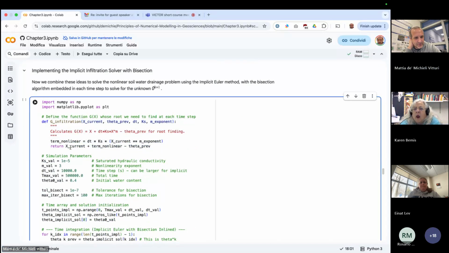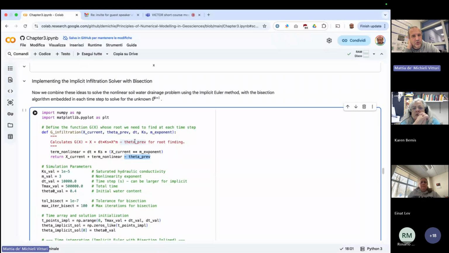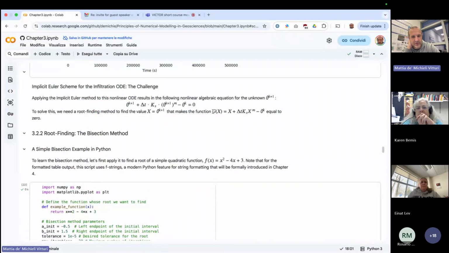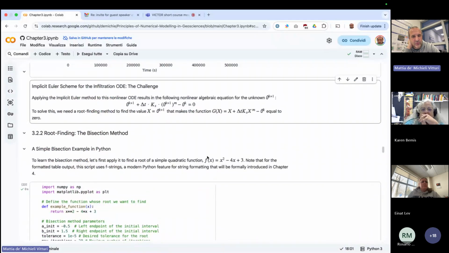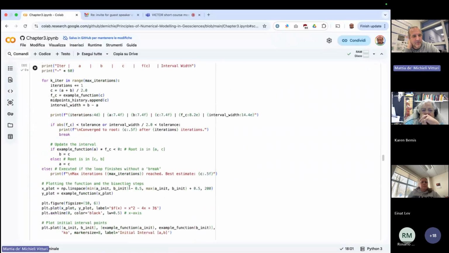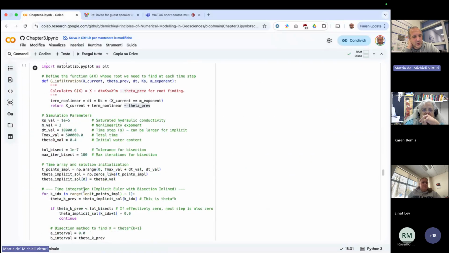We have the values at which we are computing the function, plus this term, which is delta t multiplying the coefficient, multiplying x raised to the m, minus the previous value. So this function computes exactly what we have here. So we have the function that we have to iterate in the bisection method in order to find the solution.